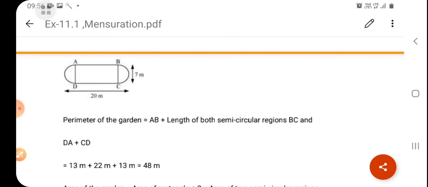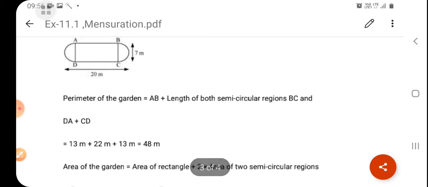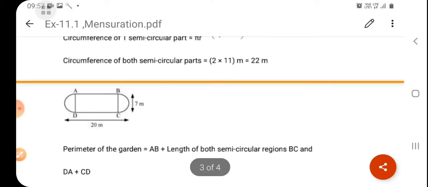Putting the values, AB is equal to 13 meters, both the semicircular regions are 22 meters, and CD is again 13 meter. So the total perimeter of this garden is 48 meter.